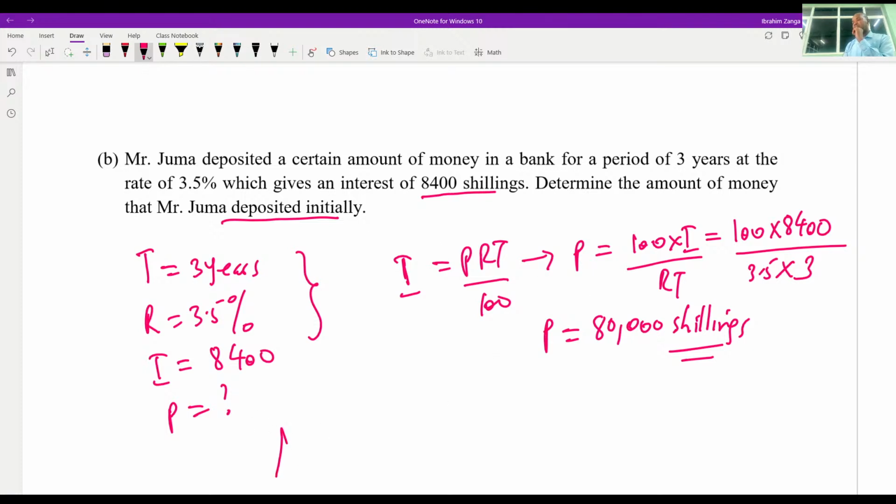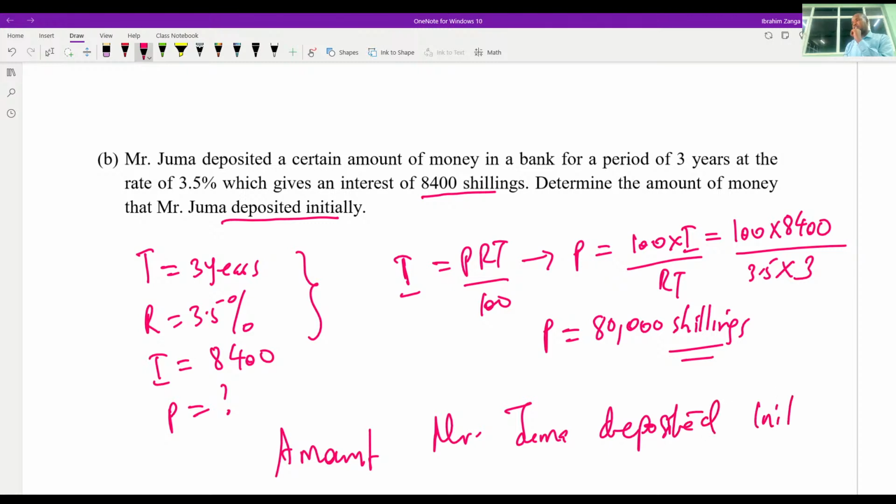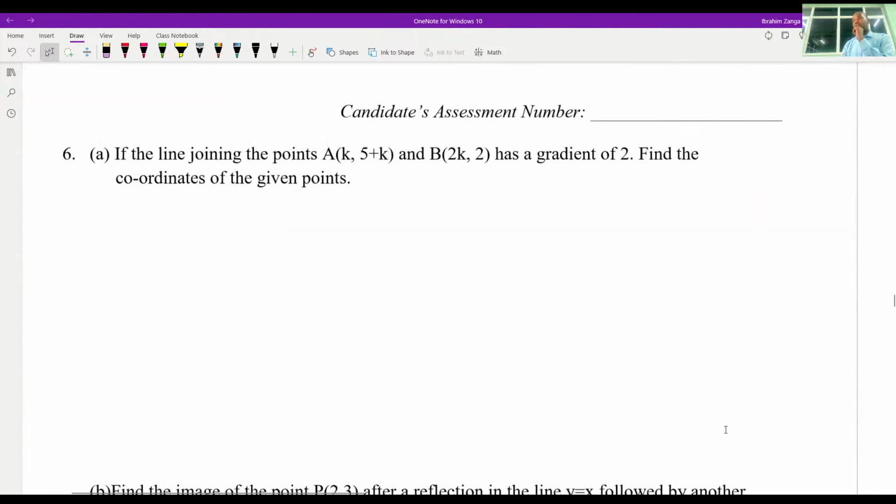So the amount Mr. Juma deposited initially is 80,000 shillings. So this is the first amount Mr. Juma deposited. We go to the last question.